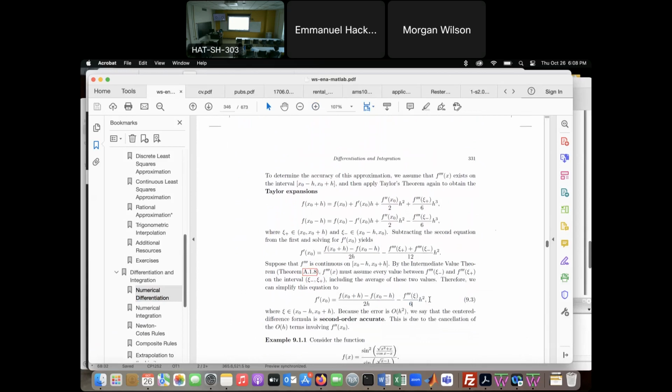So those are the three most commonly used finite difference formulas that use the value of f at only 2 points, but they're low order accurate, as opposed to what I showed you last time, a 5-point formula that is 4th order accurate. The error is big O of h to the 4th.